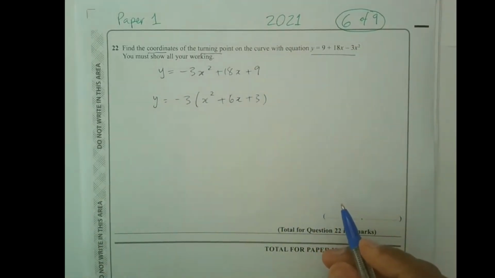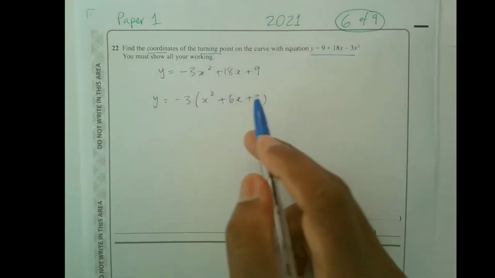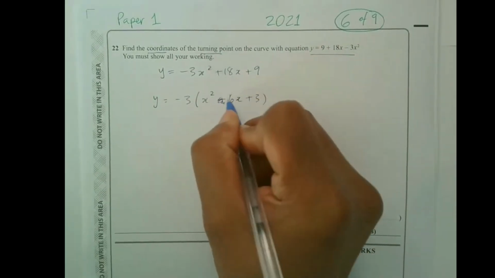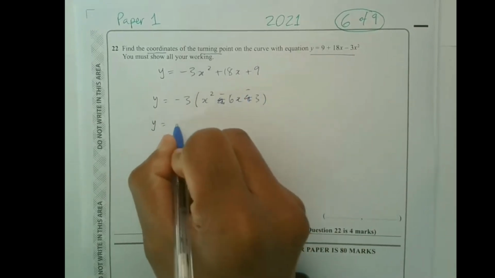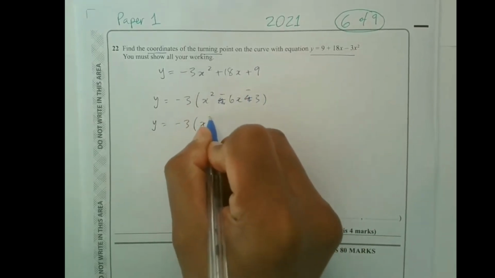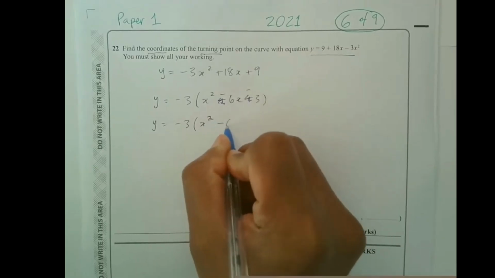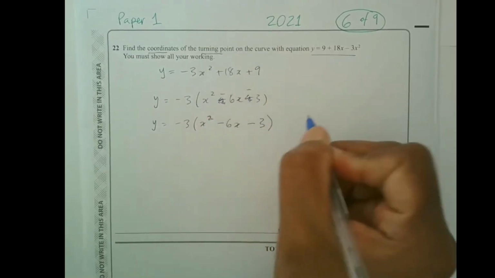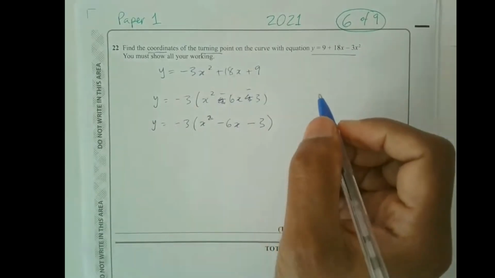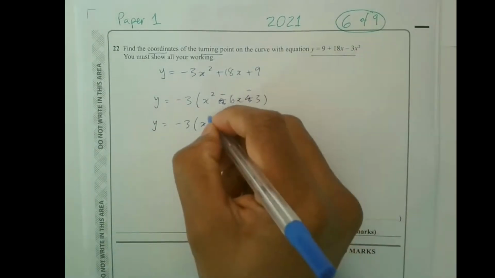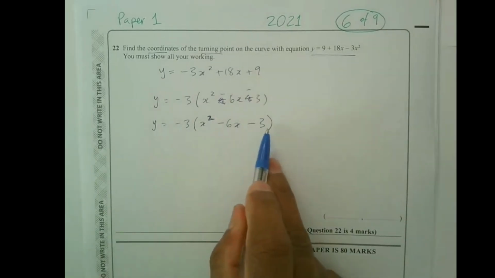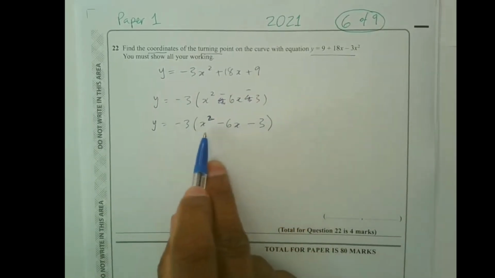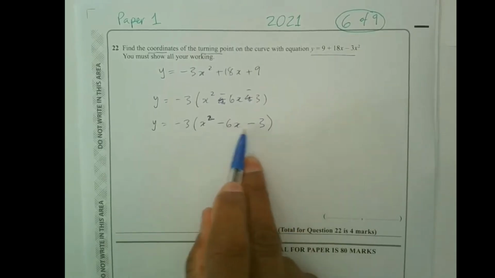Now, if I factorize by 3, I've forgotten my signs, so be careful with your signs. Minus on minus. So let me just rewrite this. It's going to be messy. x squared minus 6x minus 3. Okay, so I've done my factorizing. The next thing is, this now looks like my normal quadratic, so I can just complete the square.